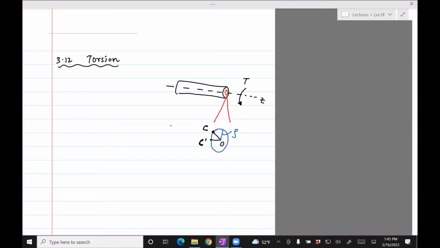So this is the end of the shaft. This angle is, let's call it gamma. And then this is the length of the shaft.